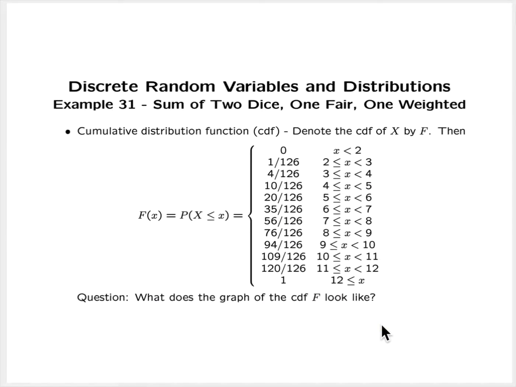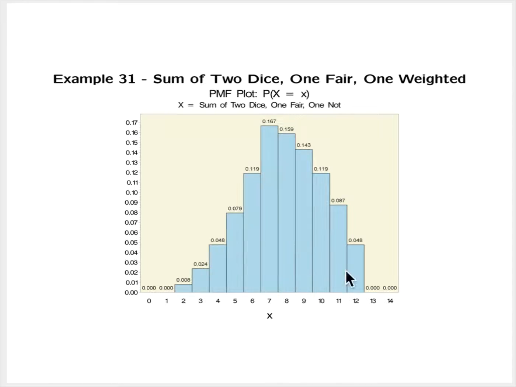All right, then we can find the cumulative distribution function by accumulating probabilities as we march down the real line. We know that before we get to 2, we've not accumulated any probability, and so the CDF evaluated at a value of x that is strictly less than 2 will be 0.